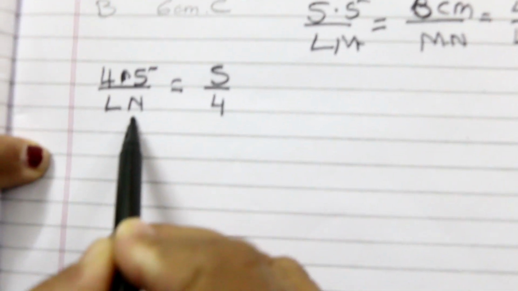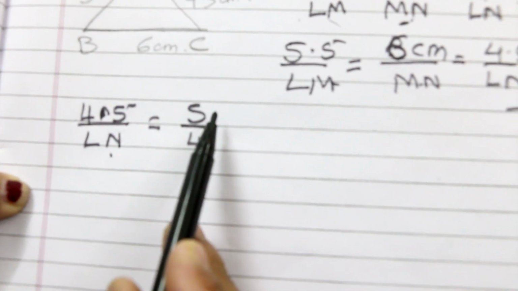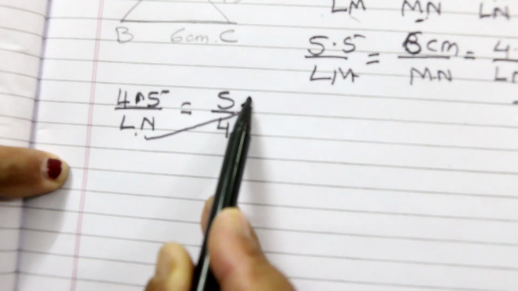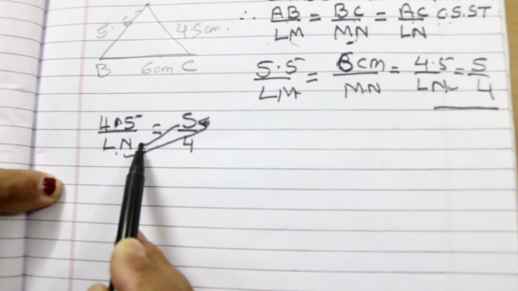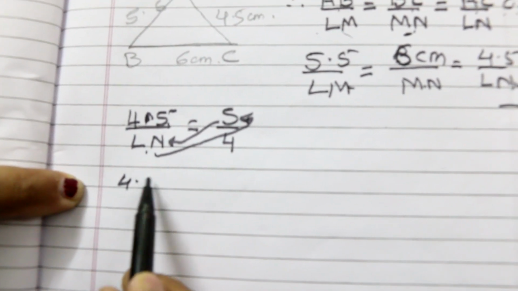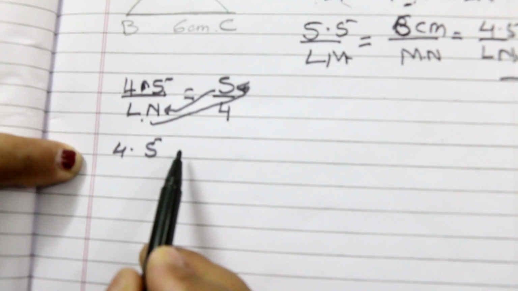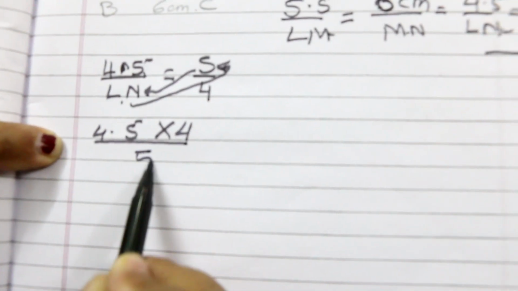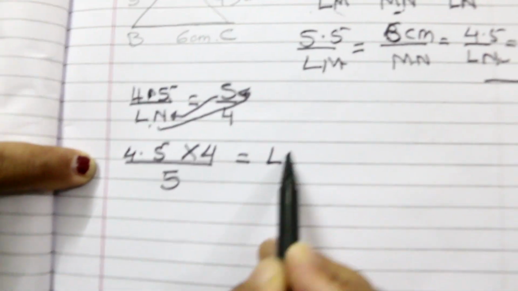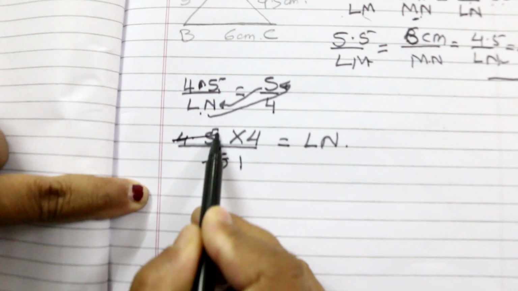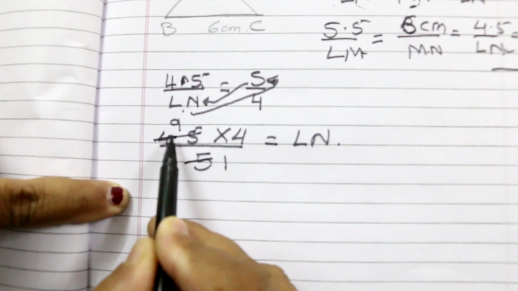I want to find the value of LN. Therefore, LN I will bring here and 5 I will bring here. See children, I am going to shift LN here and 5 in place of LN, and 4 I will shift here. So 4.5 into 4 upon 5 is equal to LN. Now 5 ones are 5, 5 nines are 45, but point after one digit.